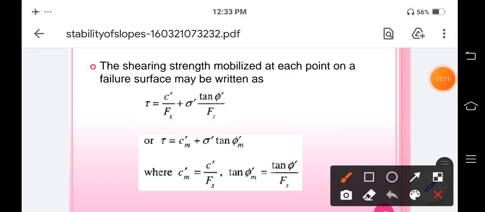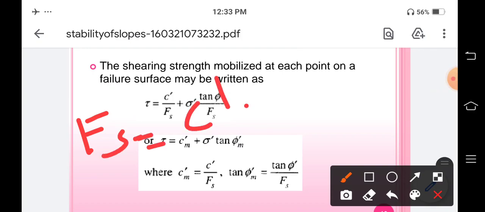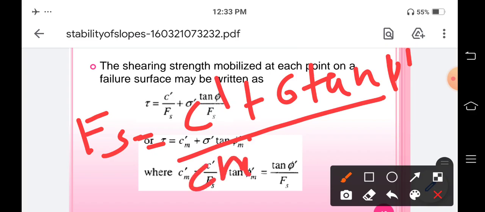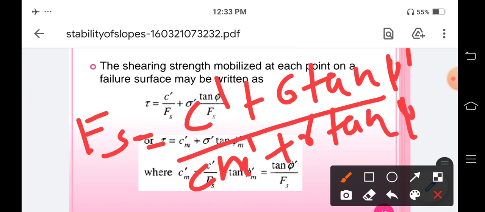So the formula is C dash plus sigma tan of phi dash upon Cm dash plus sigma tan of phi m dash.